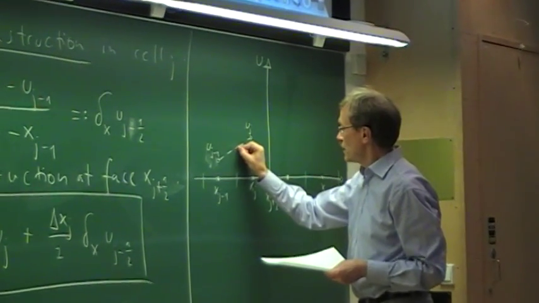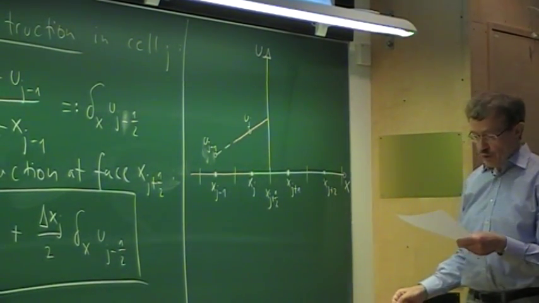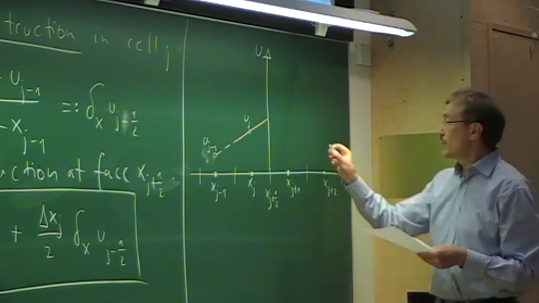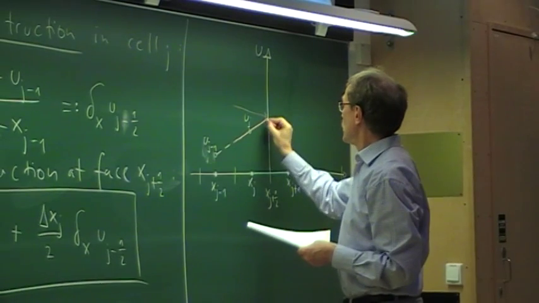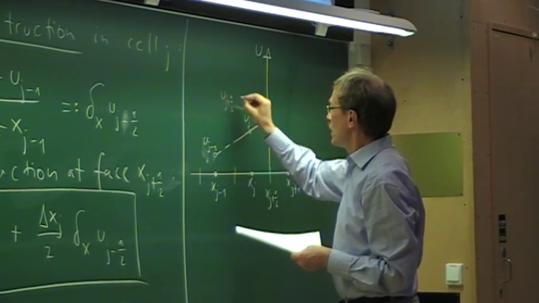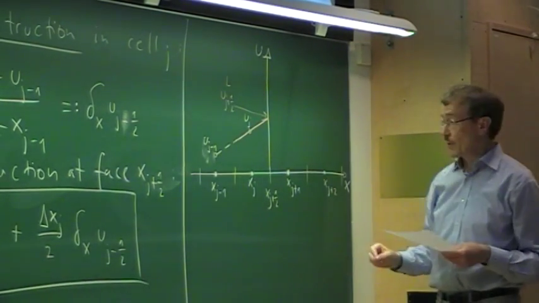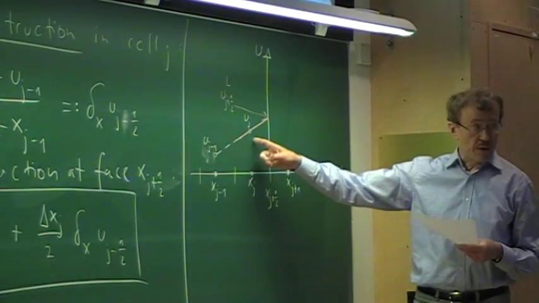So we used this slope here to get the value uj plus 1/2 left. Let us again indicate this. That is uj plus 1/2 left, a left reconstruction, and there we needed the reconstruction in the cell j.